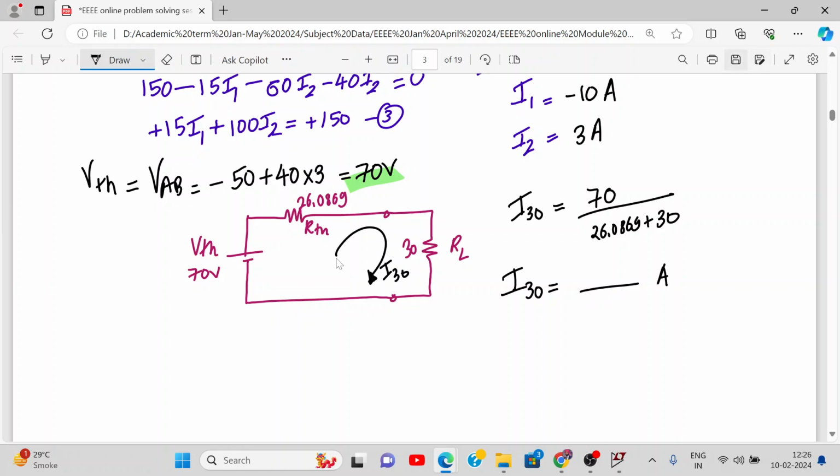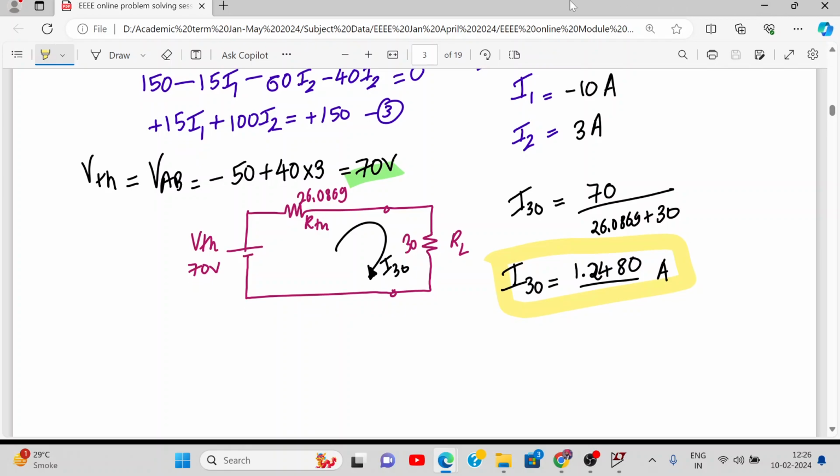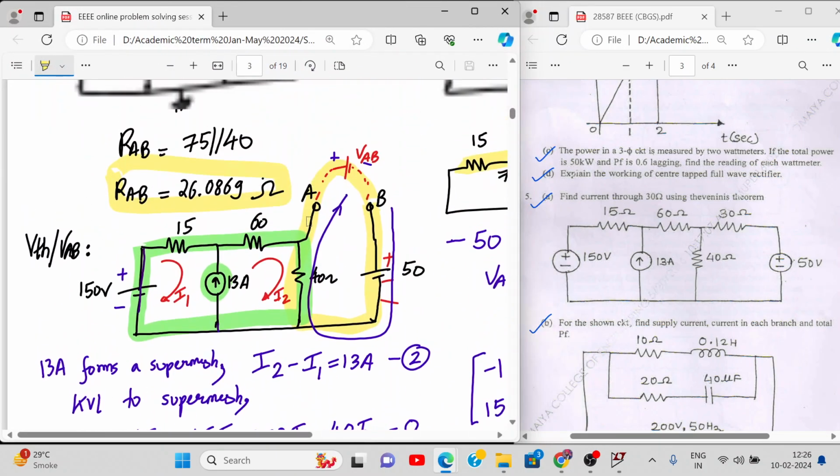Amperes. 1.2480. I don't know the answer, but we'll cross check it in 1 minute. Okay. So let me cross check this quickly.